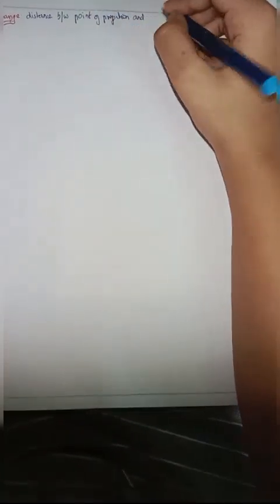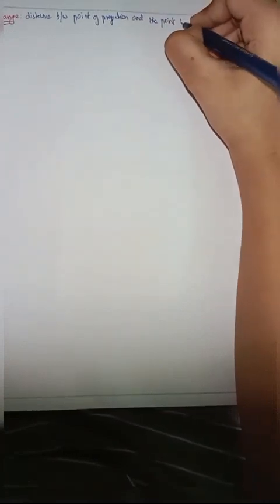Range. In range, you have to consider two concepts. Range, as I said before, is the distance between the point of projection and the point where it hits the ground.